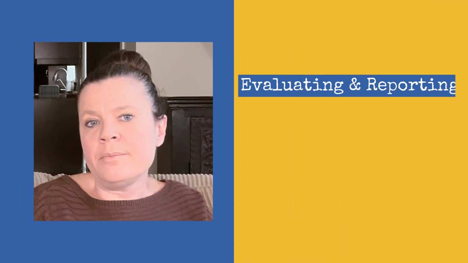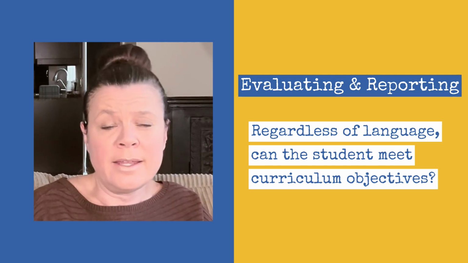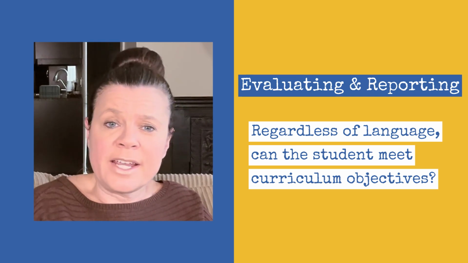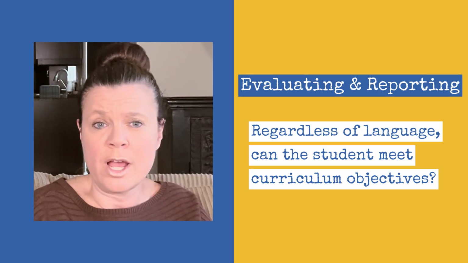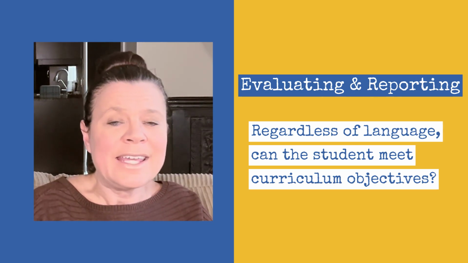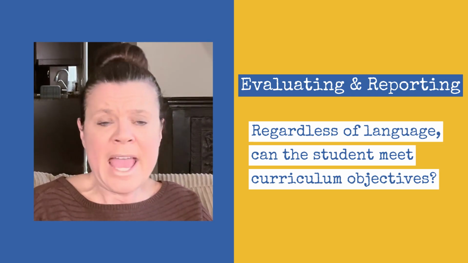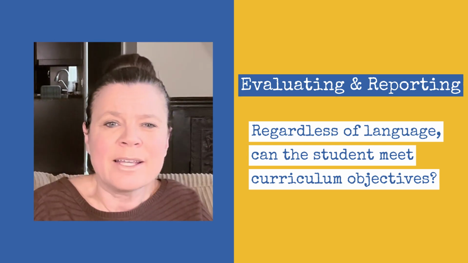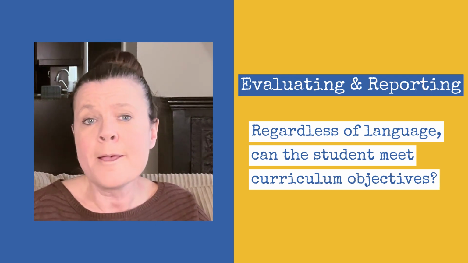When it comes time to evaluating and reporting on your intermediate and advanced level ELL students' progress in subject areas such as math, science, and specialty areas such as drama, music, art, it's important to keep in mind that even though their English may not be perfect, they may have grammatical errors or spelling mistakes, or perhaps when they're speaking, the wrong tenses are coming out still.